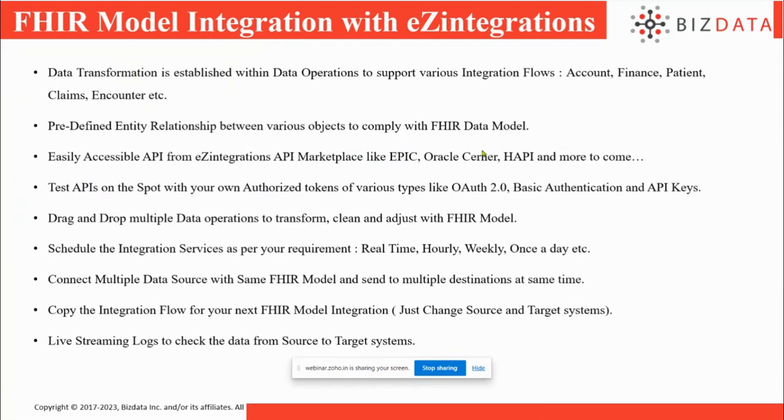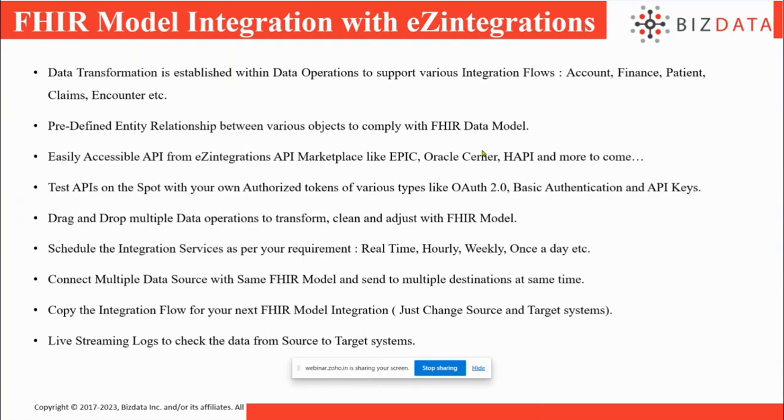eZintegration is established and has predefined data operations where you can quickly create your own data flow for accounts, finance, patients, or even appointments, stock IDs, and so on. Out of the box, you get those integration bridges where you can quickly get any EHR system up and running, and integrate with any SaaS-based or API-based system.